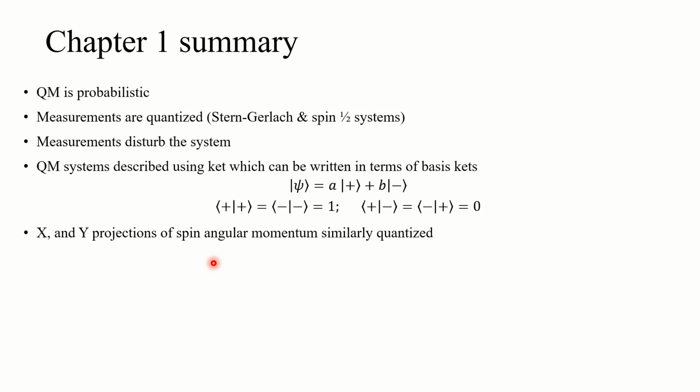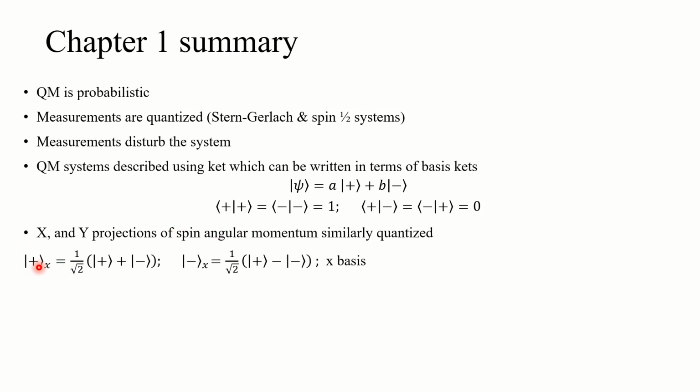We saw that the spin projection in the x direction and in the y direction are both quantized similarly to the way our spin in the z direction was. There's nothing special about the z direction. We use it just as a convention, as the typical basis that we describe it in, but x and y have similar things where their spins are quantized into units of plus or minus h bar over 2.